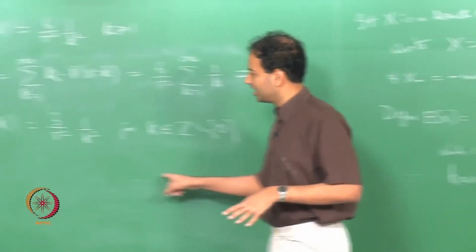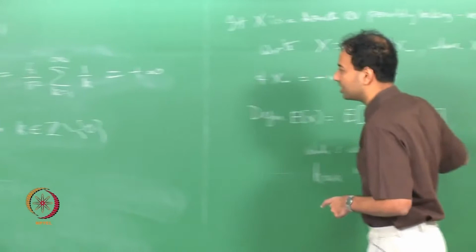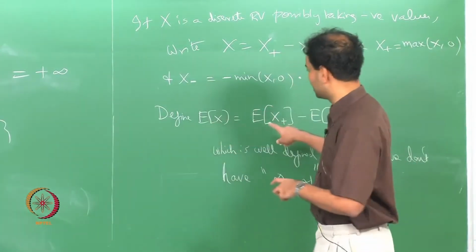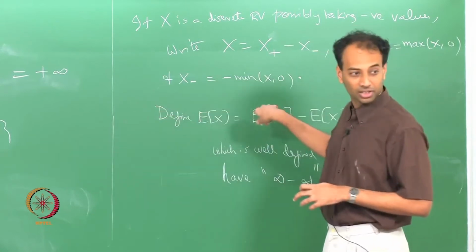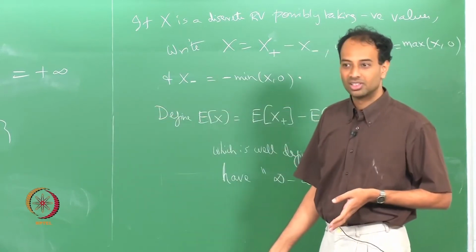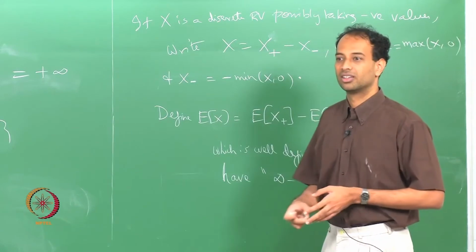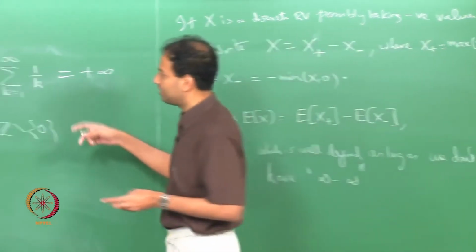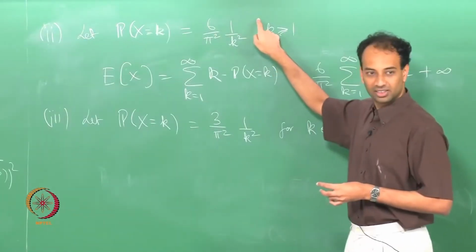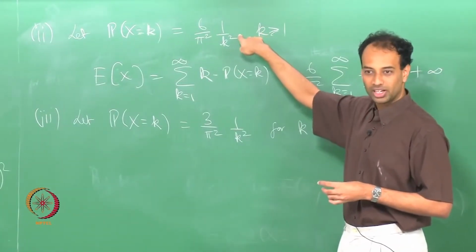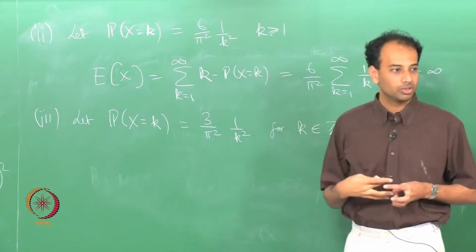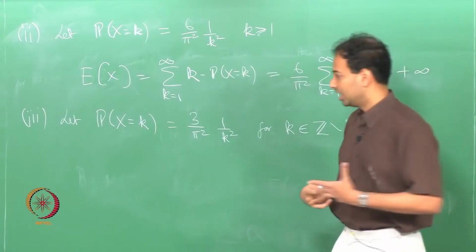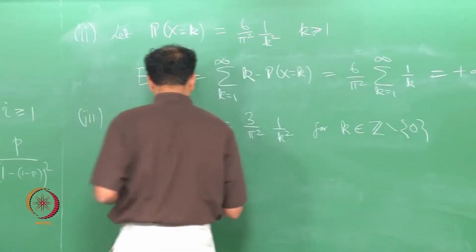Since they are both infinity, the expectation of X will not be defined. X plus will have a PMF like 1 over k squared, so its expectation is plus infinity, and the expectation of X minus is also plus infinity. Therefore, the expectation of X will not be defined.